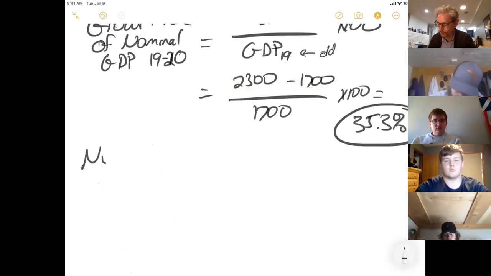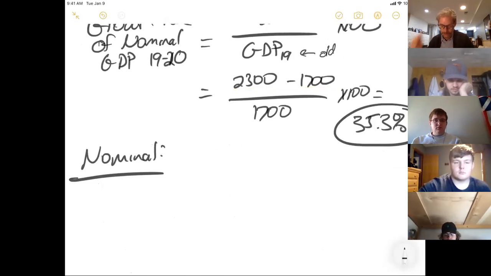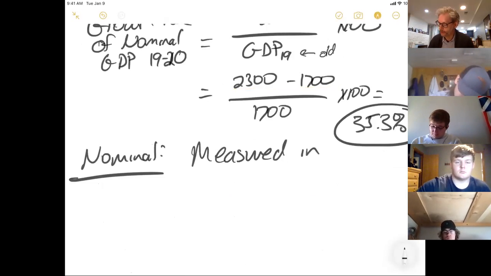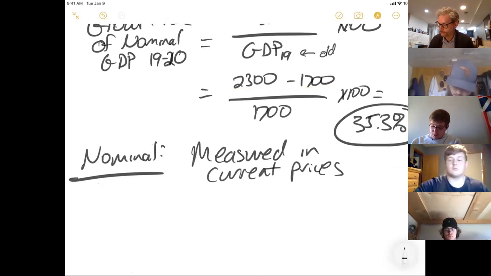I've been using this word nominal, but now let me explain it. What does nominal mean? Nominal means it's measured in current prices. Or to say it another way, it is not adjusted for inflation.